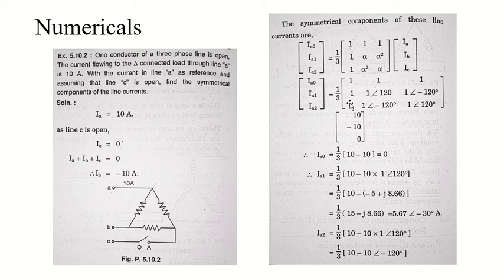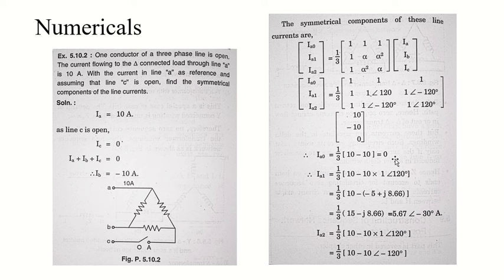Now that you have all the values, you can simply find the values of Ia1, Ia2, and Ia0. Based on that, you will find the value of Ia0 is equal to 0. Basically you take the sum of Ia plus Ib plus Ic: Ia is 10, Ib is minus 10, Ic is 0, so 10 minus 10 will be 0.